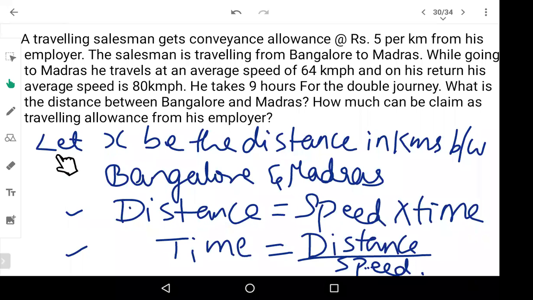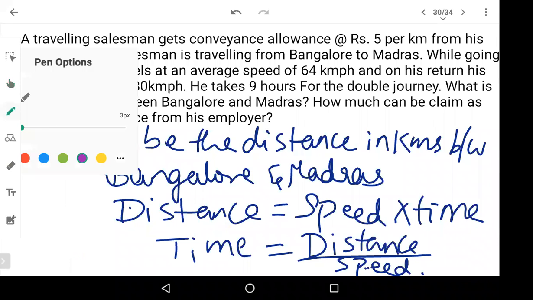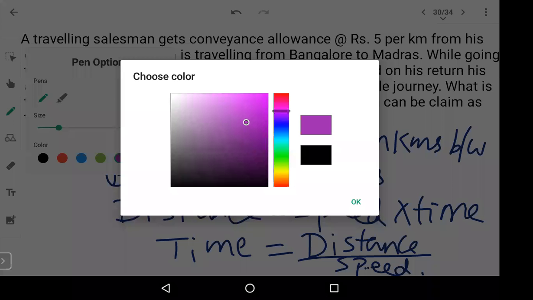Let X be the distance in kilometers between Bangalore and Madras. So between Bangalore and Madras, we will take the distance to be X. And we know the formula: distance is equal to speed into time. That is the formula that we are using here.